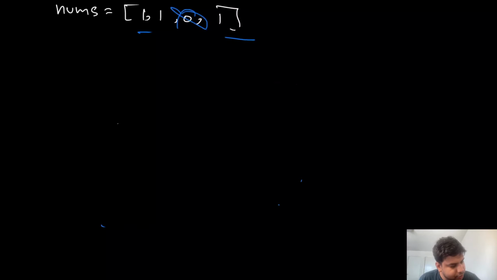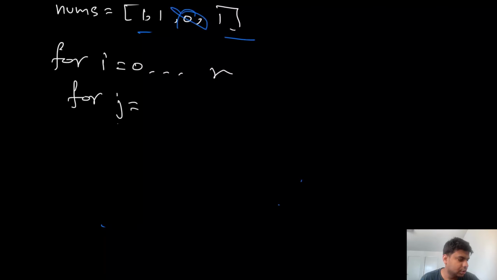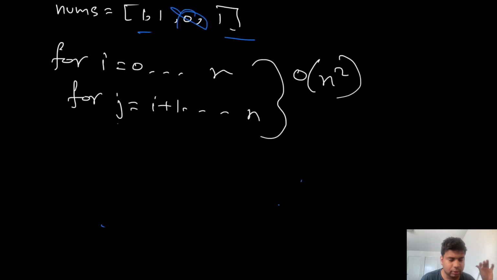The brute force is also quite simple. Go through all the possible subarrays: for i is 0 to n, for j is equal to i plus 1 to n. It will be n squared if you go through all the subarrays.